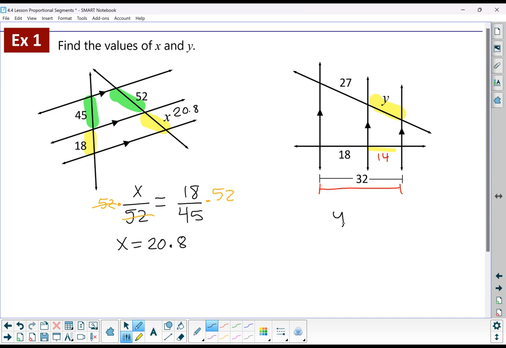So y divided by 14 is equal to, for my other fraction, 27 divided by 18. To solve for y, we would multiply both sides of our equation by 14. Let's see, 27 divided by 18 times 14, we get 21.